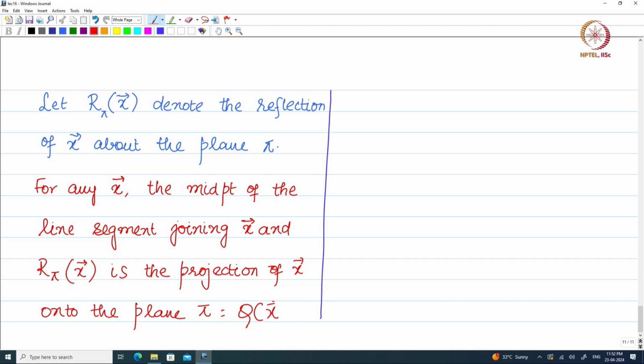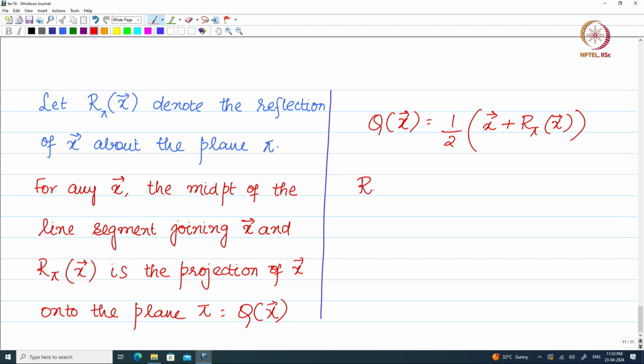q of x. So, therefore, q of x is nothing but half of x plus the reflection of the vector x about the plane pi. So, half of x plus r pi of x is what we have.